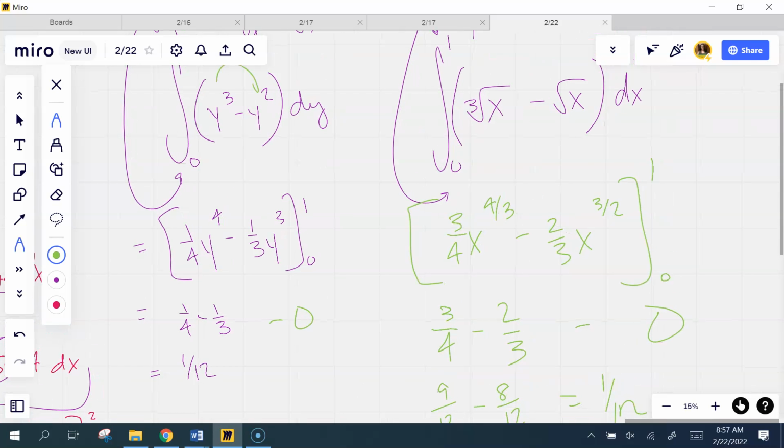So for y, we'd have to switch these around. We're going to talk about that today. Well, sorry. Yeah, that's fine. I knew that area is negative, so I just put that to that.